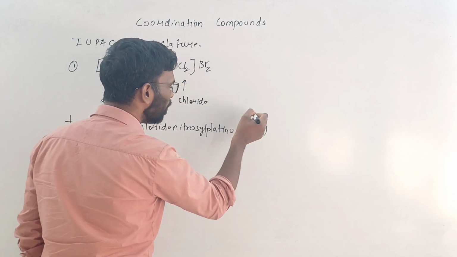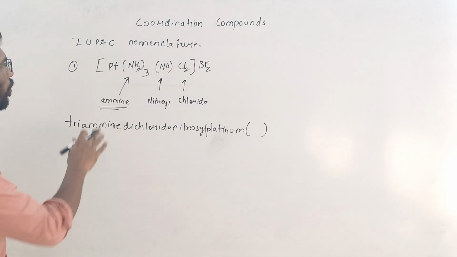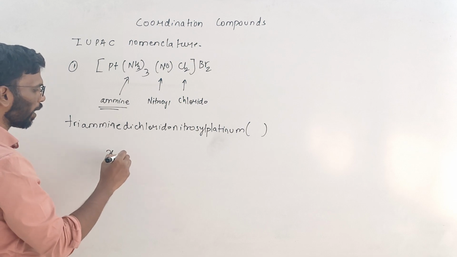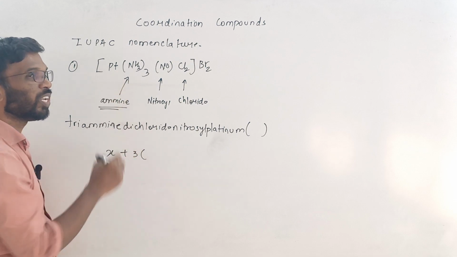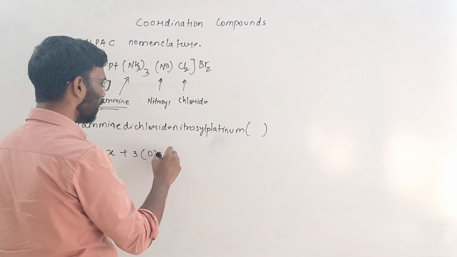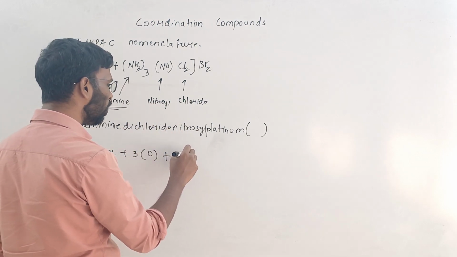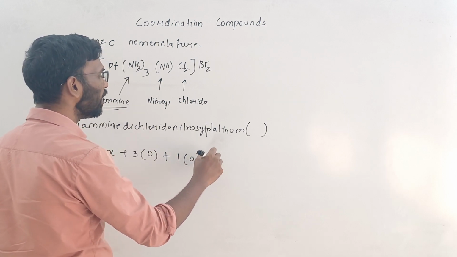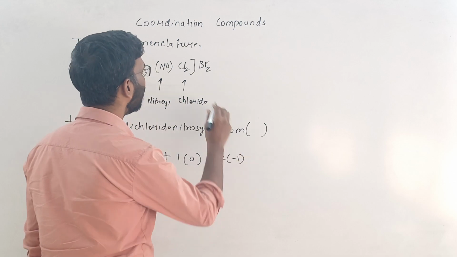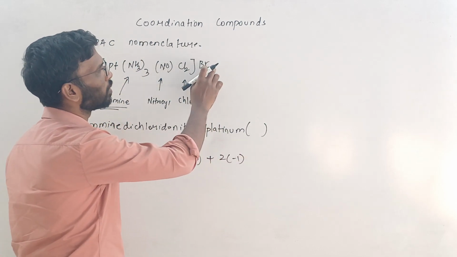Platinum, and in bracket there will be the oxidation state. How to find the oxidation state on platinum? I will put it as X plus 3 into ammonia, which is a neutral ligand, 0, it doesn't contribute any charge. Nitrosyl is also neutral, 1 is there and 0. Chlorine, 1 chlorine contributes -1 charge, so 2 into -1. And over here you see there are 2 bromines, right?